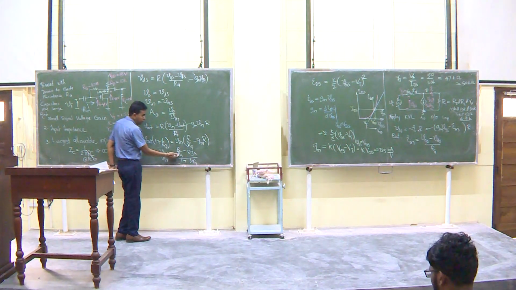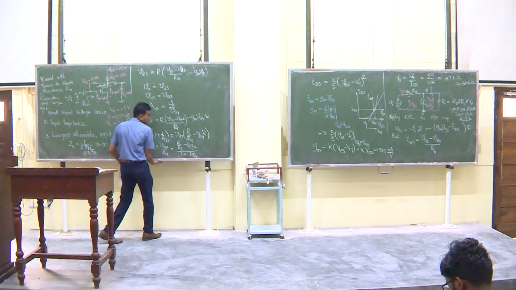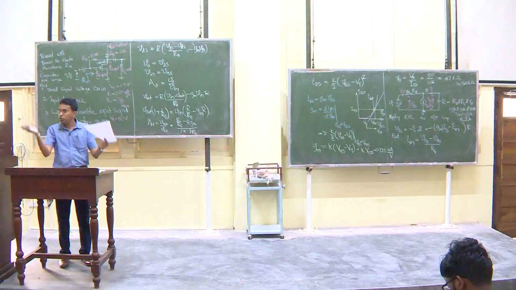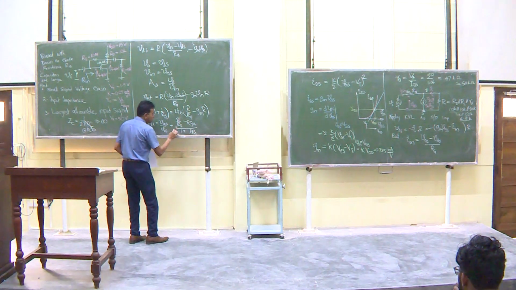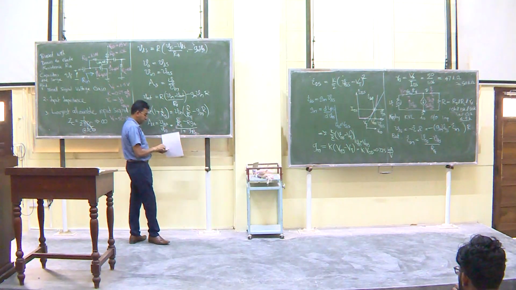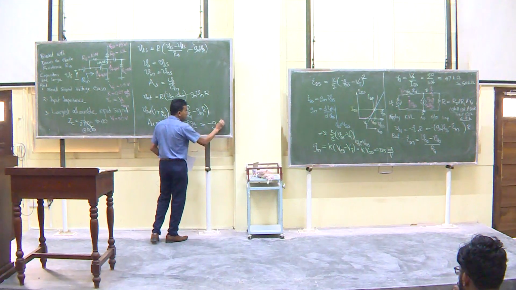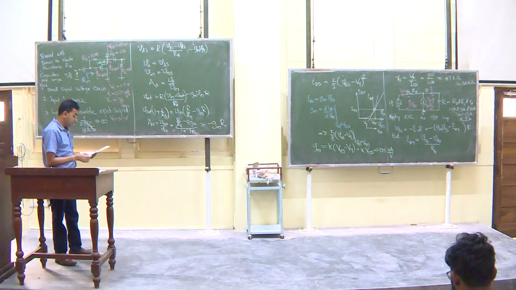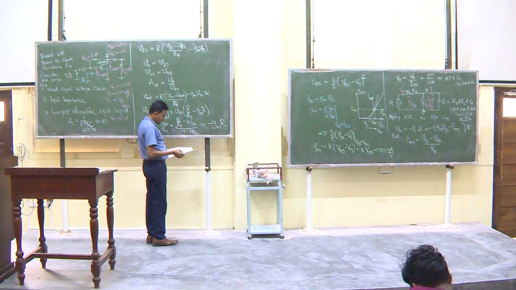But noting that, what is the value of R? 5K. What is the value of RG? 10 mega ohms. 5K over 10 mega ohms is almost 0, right? So therefore, this term almost becomes 0, this term almost becomes 0, this becomes roughly equal to negative GM times R. So if you substitute the values, this value will be minus 3.3.